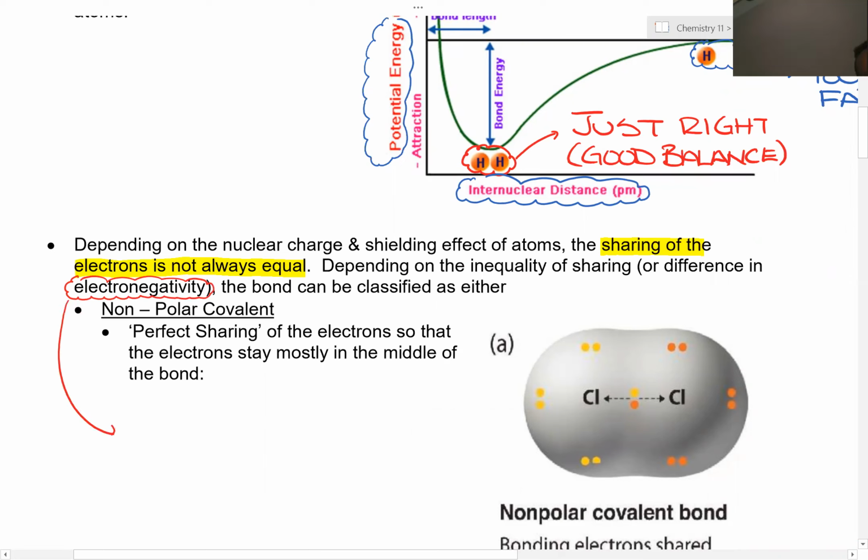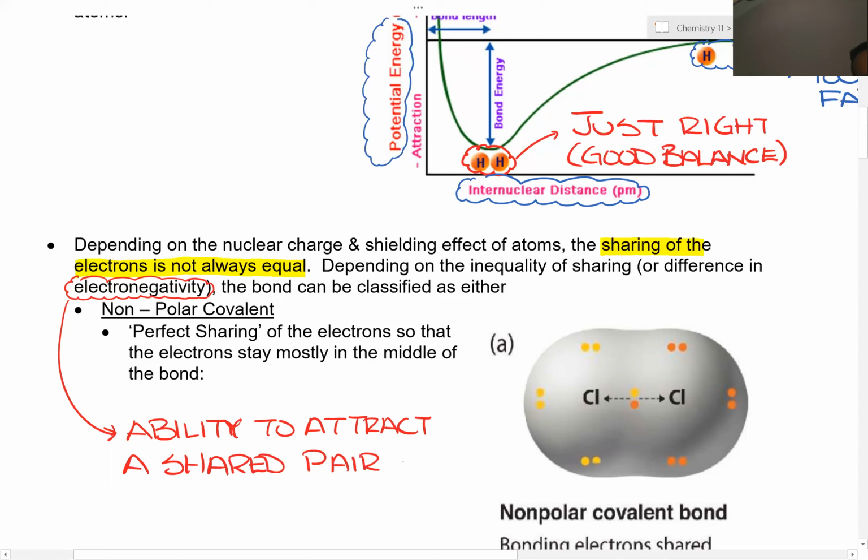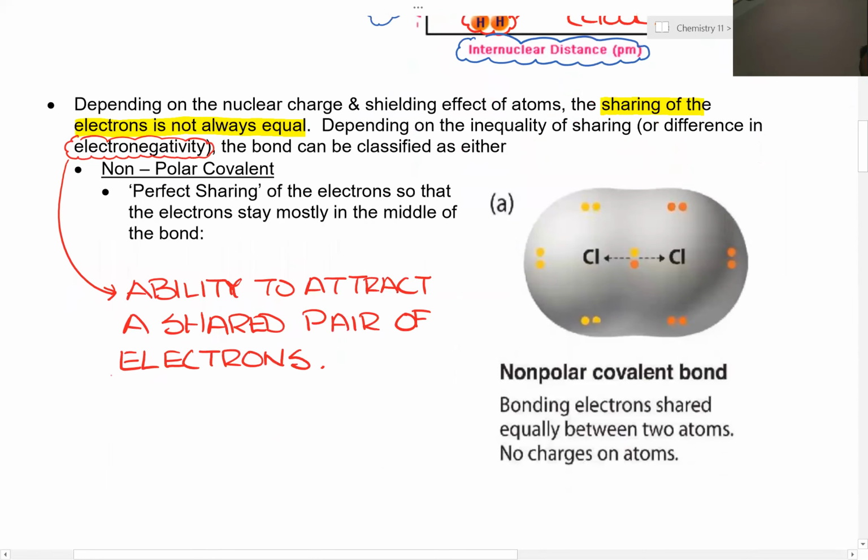Electronegativity is the ability to attract a shared pair of electrons. Now, this can be found in your reading package on page 333.